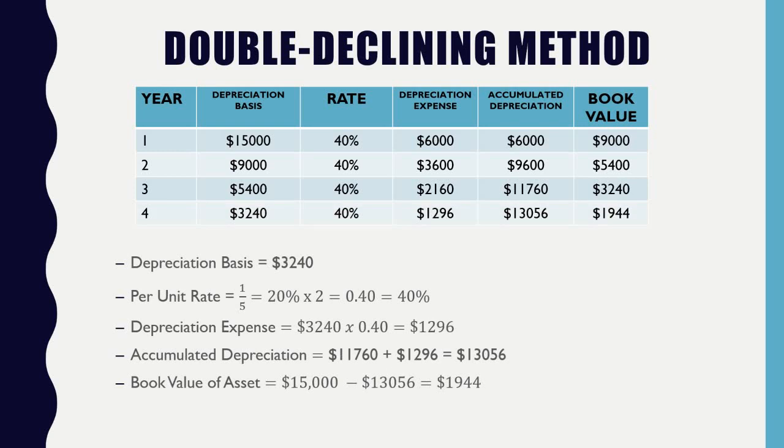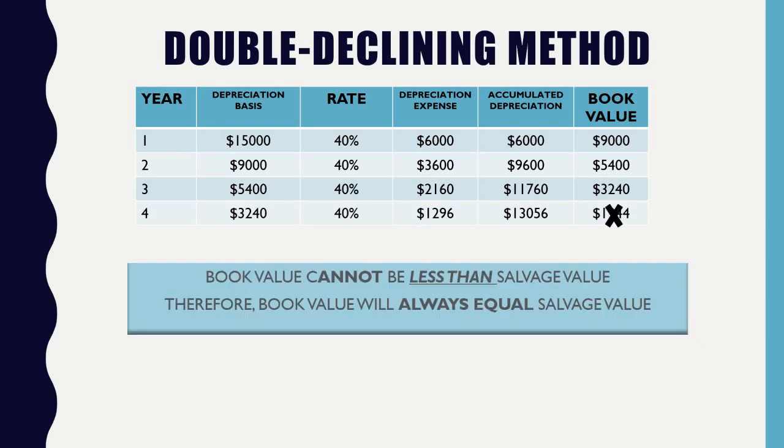So therefore, you're going to notice this. By the time it reaches the 4th year, book value falls below salvage value. And remember that rule: we can never let book value fall below salvage value. In this case, it went below.